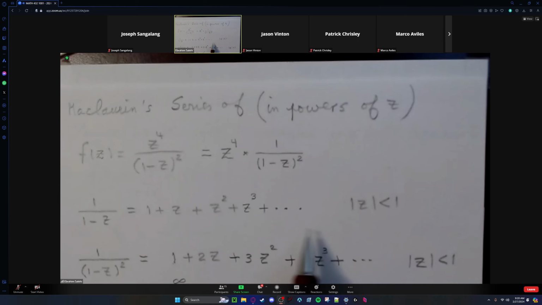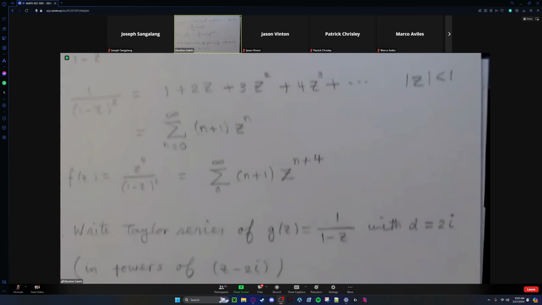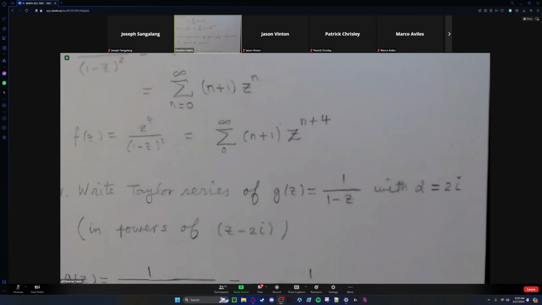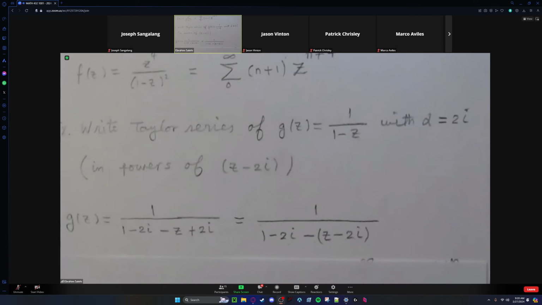This is a geometric series. But I want it in powers of z minus 2i. So I will add 2i and subtract 2i in the denominator. If you factor the negative, you get z minus 2i. So somehow we made z minus 2i appear.